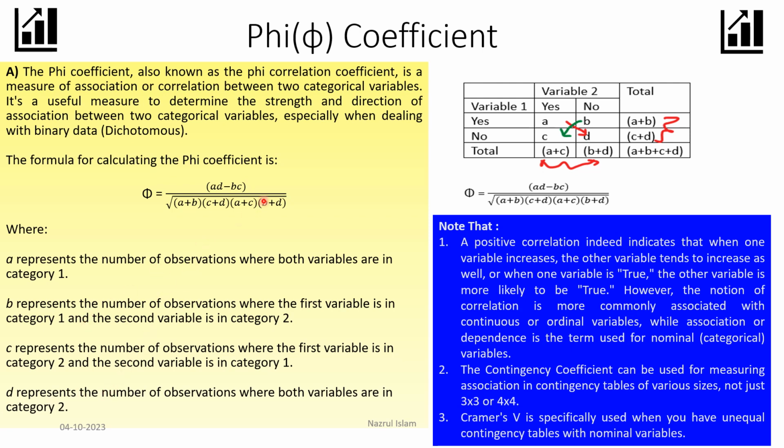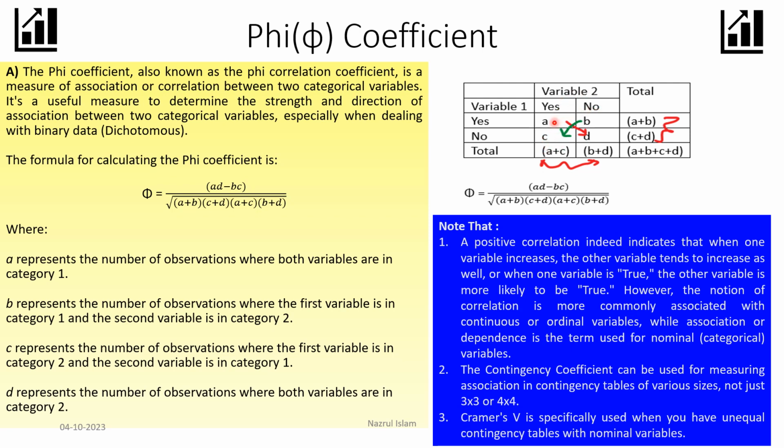So this formula has been explained here in this table. Suppose we have two variables: variable 1 has yes and no observations, and variable 2 also has yes and no observations.